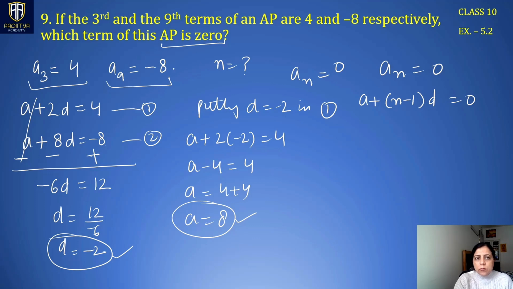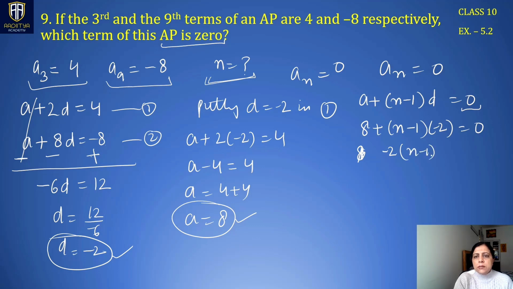The question says, which term of this AP is 0? So we have to find the number of the term, that is n, and the value of the nth term is 0. So a is 8, n we have to calculate, d is -2, and the value of an is 0. You can take 8 to the right hand side. So this becomes -2 times (n minus 1) is -8.